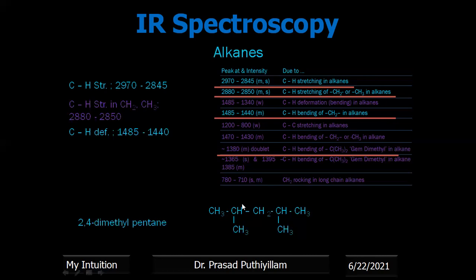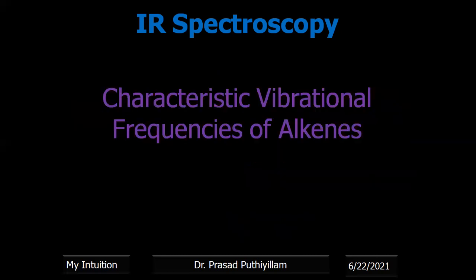So this CH having 2 CH3 on the same carbon, 2 methyl groups on the same carbon, we call it a gem dimethyl group. This right side also we have the gem dimethyl group. Therefore, one of the expected peaks is a doublet near 1380. It is expected compared to 2-methylpentane.